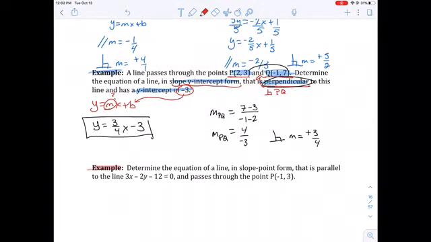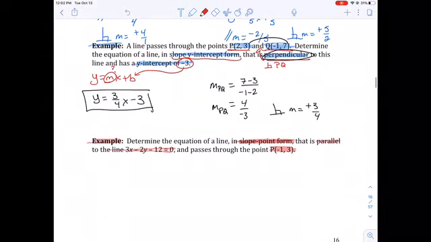Okay, next example, determine the equation of a line in slope point form. Sometimes I call that point slope form. Slope point form that is parallel to this line and passes through this point. So I'm going to start with slope point form. Let's go back to here. y minus y1 is equal to m times x minus x1.